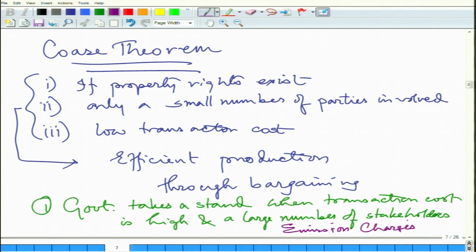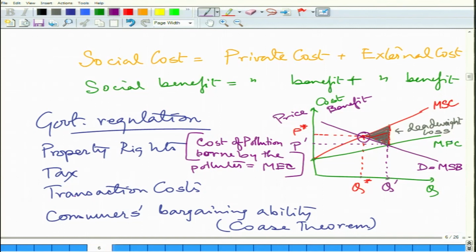Emission charges. Or the government can eventually ask them to go for a marketable permit.